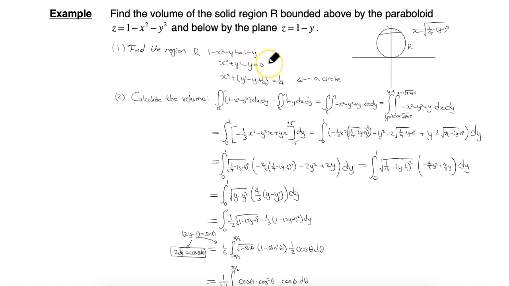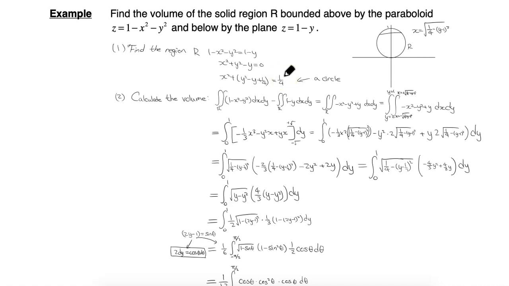And if we clean it up a little bit and use completion of the square, we get that it's actually a circle: x squared plus y minus 1 half squared equals 1 over 4. So it's a circle centered at (0, 1/2).